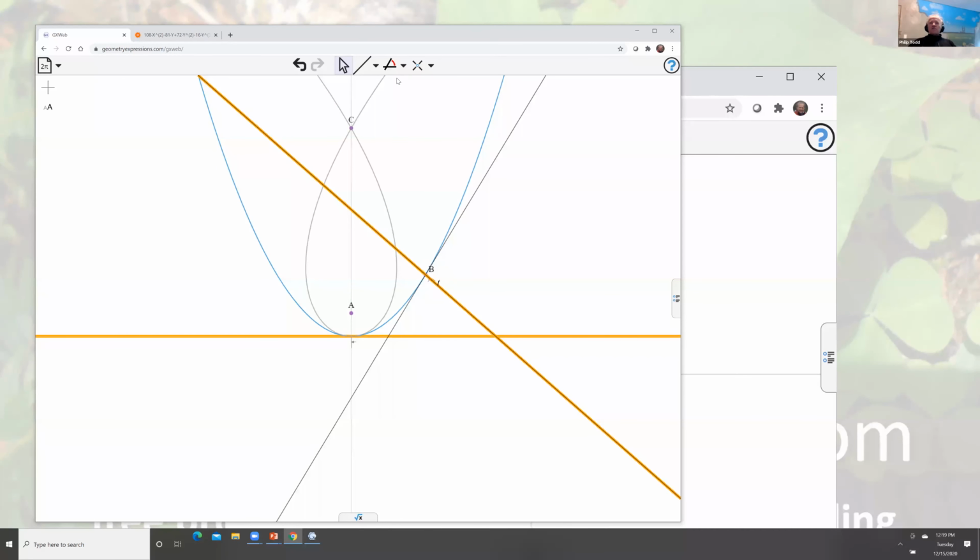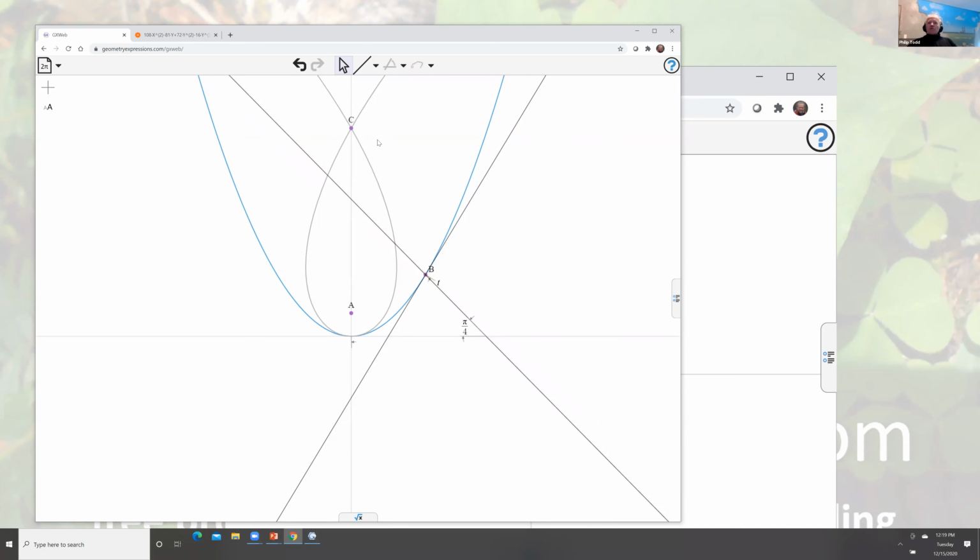Let's go halfway between. So we'll make it pi/4. And we're going to do the same thing to get our curve. We're going to have to take that and reflect it in the tangent, and take the envelope of that reflected family of lines as t varies.